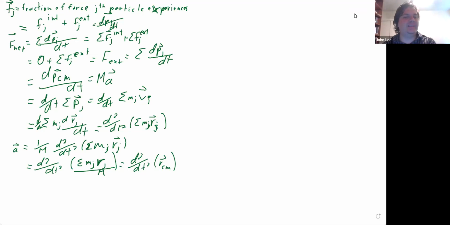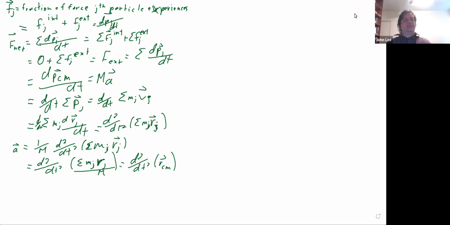But we find dp center of mass dt as the sum of all of the internal momentums, and set that equal to ma, where m is the total mass of the object. So d/dt sigma pj equals d/dt sigma mj vj, which is d/dt mj drj/dt, which is d squared/dt squared mj rj.